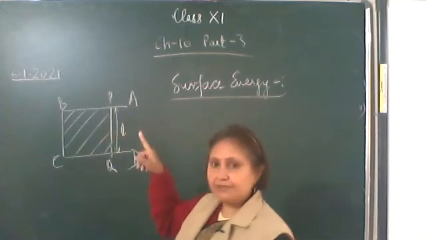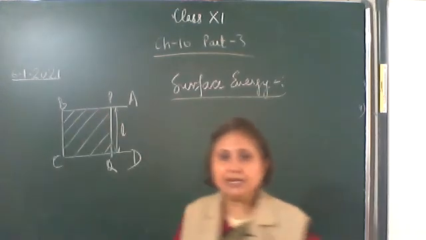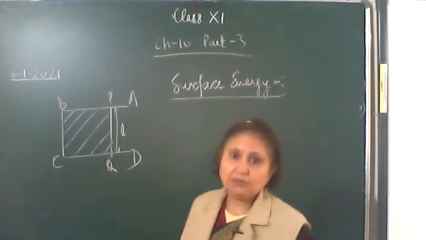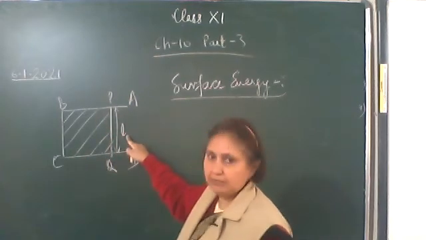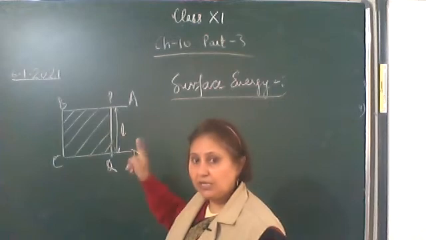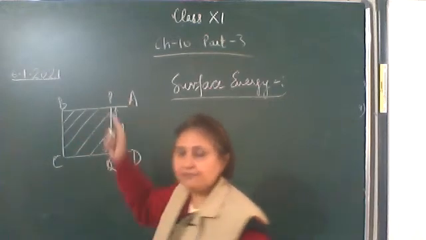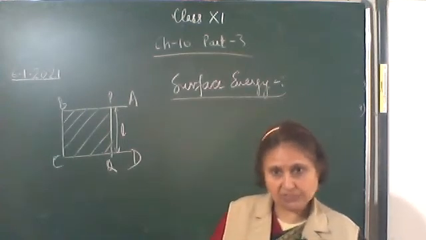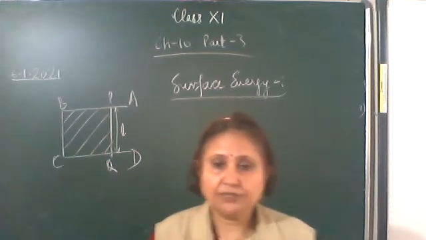When this sliding wire is pushed outwards, the area of the film increases. Not only the front surface but the back surface will also increase its area. So both surfaces will increase their area. First draw the figure.